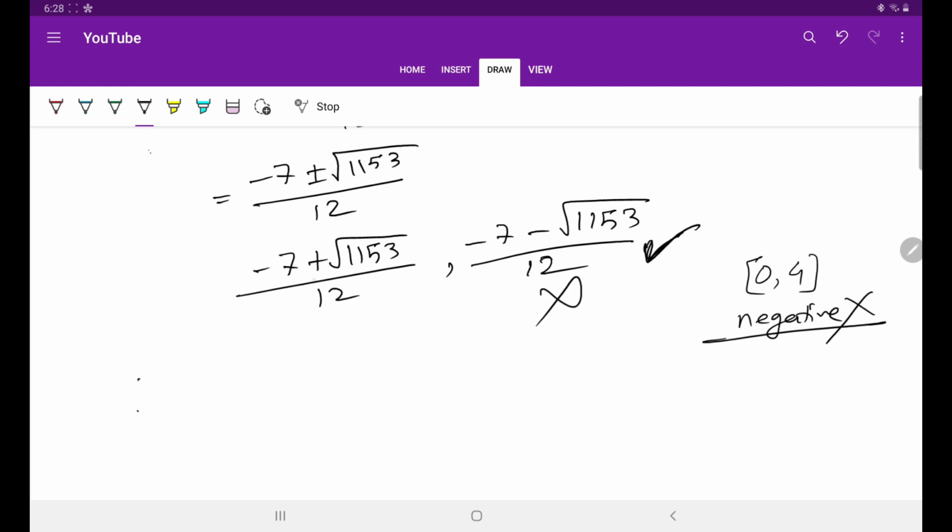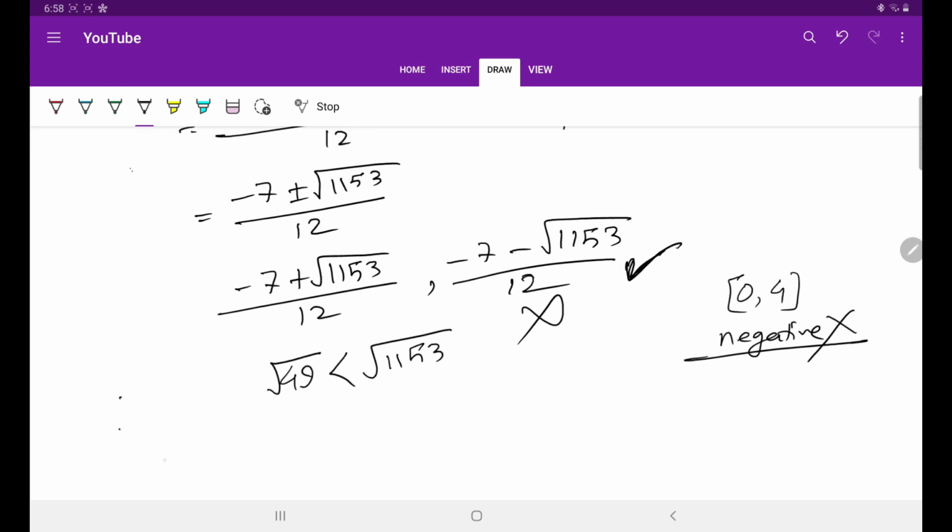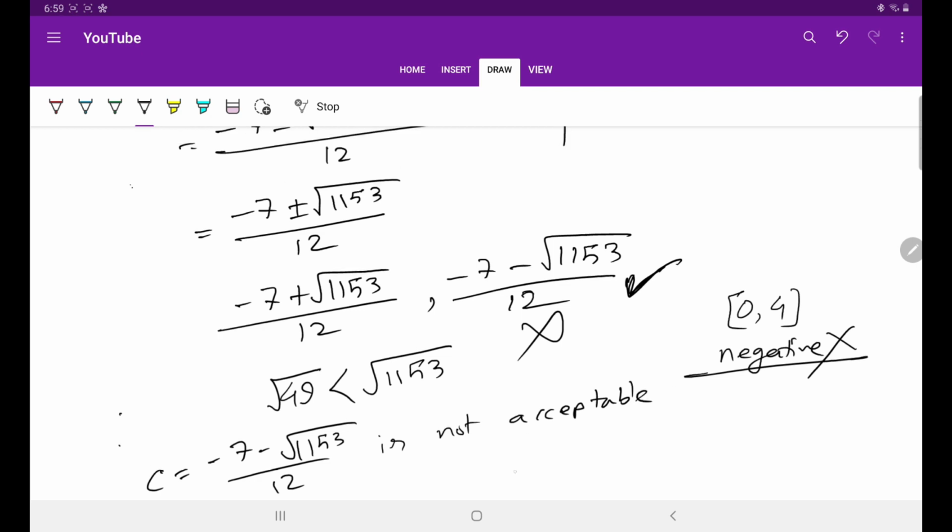But this one, how can we be sure this one is not negative? Because if this one is higher than the root term, then it can be negative, right? But 7 means what? This, right? So this is definitely lower than this. Okay, so c equal to minus 7 minus root 1153 over 12 is not acceptable. Why?